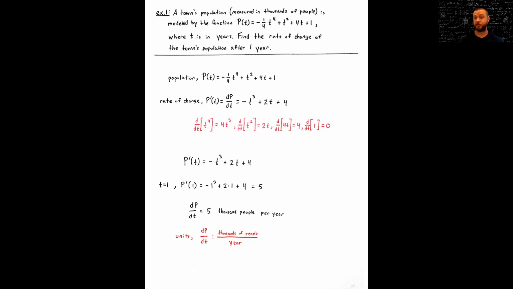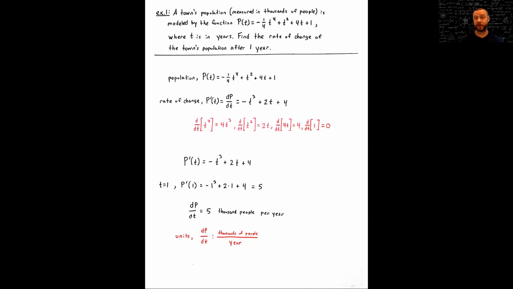So in the numerator, dP, P, the population, has units of thousands of people. And then in the denominator, dt, or t, that has units of years. So that's why we get here our units as 5 thousands of people per year.